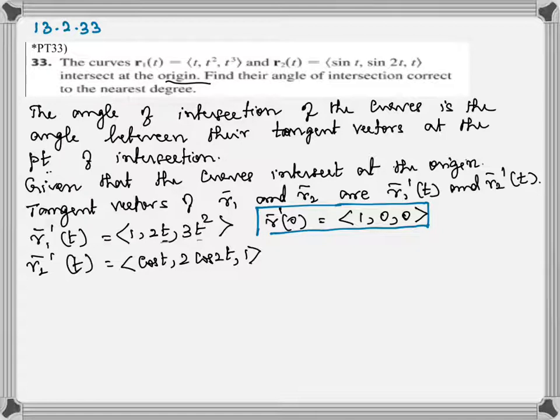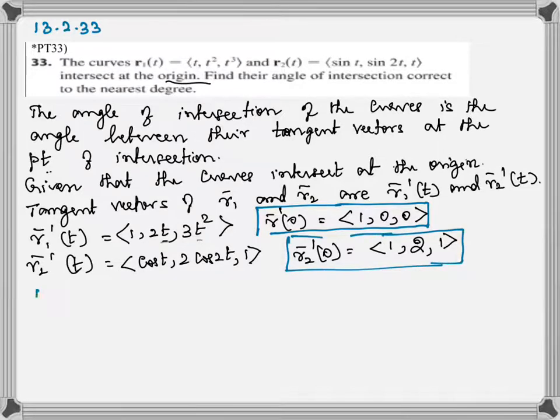Now we evaluate this at 0, which is the intersecting point. So it is cos 0, which is 1, then 2 times cos 0, which is 2, then 1. So we got r1'(0) and r2'(0).